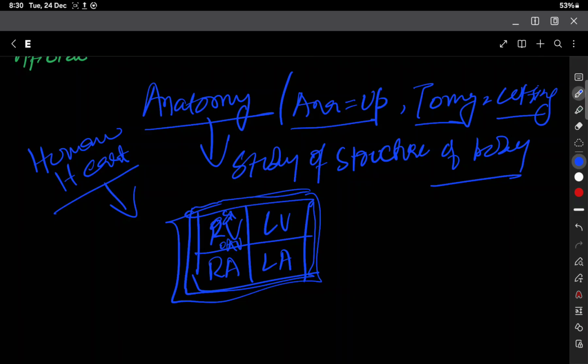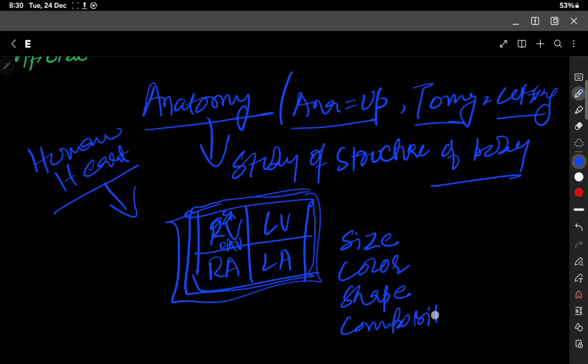So anatomy, in short, is the study of structure of the human body, or the study of body structures. Body structure includes the size of the body, the color, the shape, and the composition of the body as well.